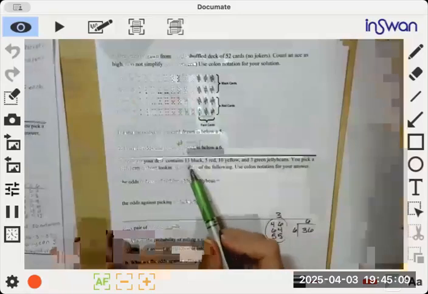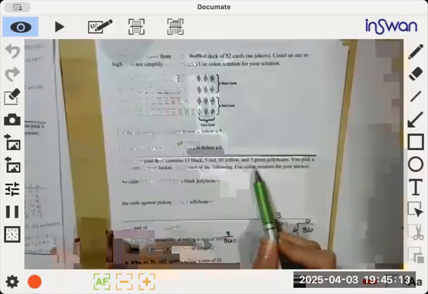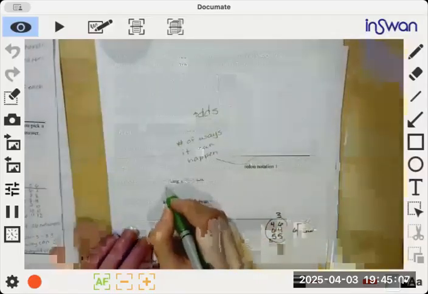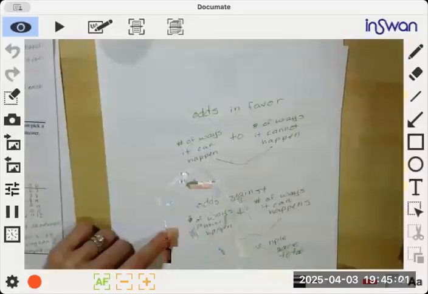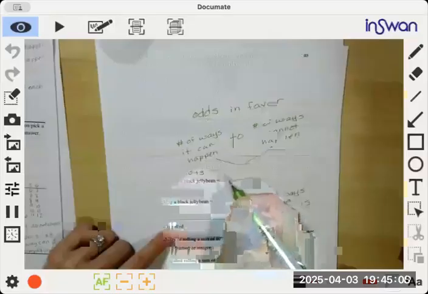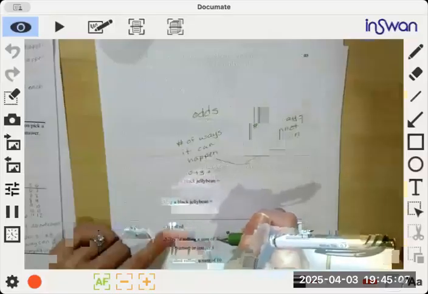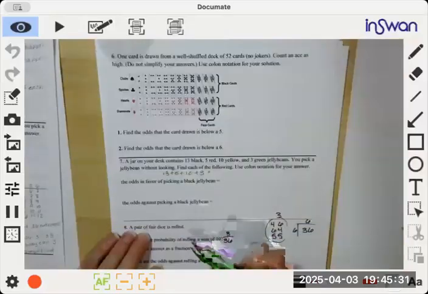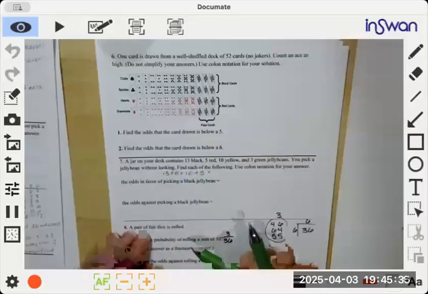So if we have 13 black, 5 red, 10 yellow, and 3 green jelly beans, we have a total of 13 plus 5 plus 10 plus 3 jelly beans. We have odds in favor, but we don't really even need a total, do we?